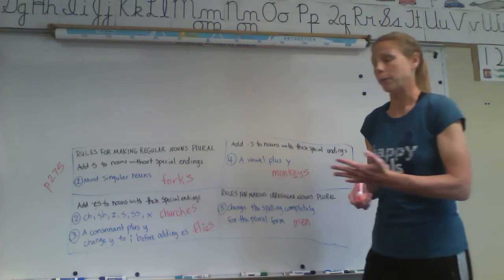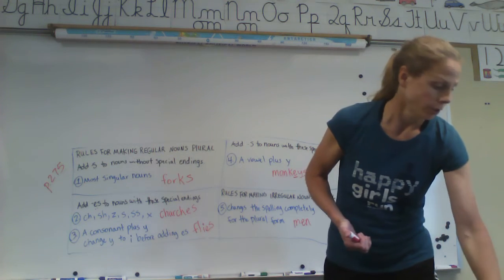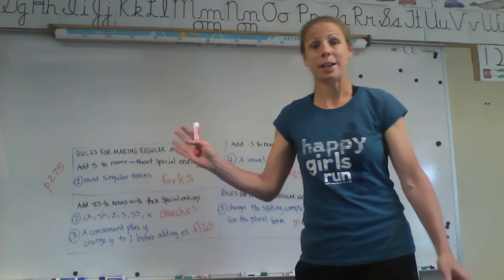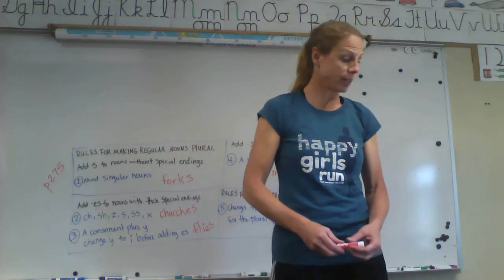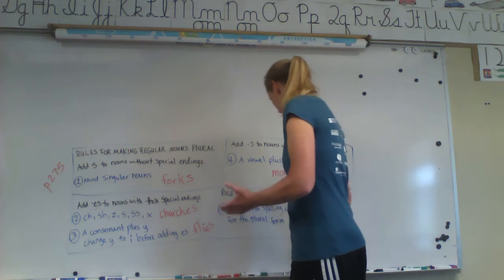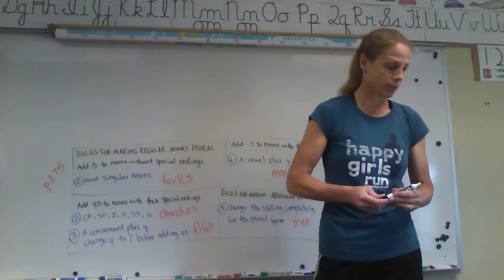Just really quickly, I want to show you, and again, page 275 gives you some examples as well, but on practice 47, I wanted to do a couple of those so you'll be a little more confident going into them.